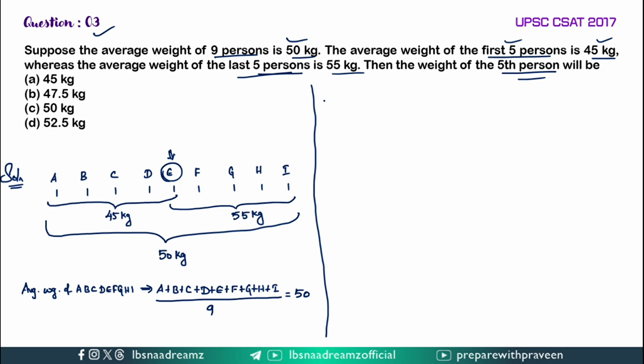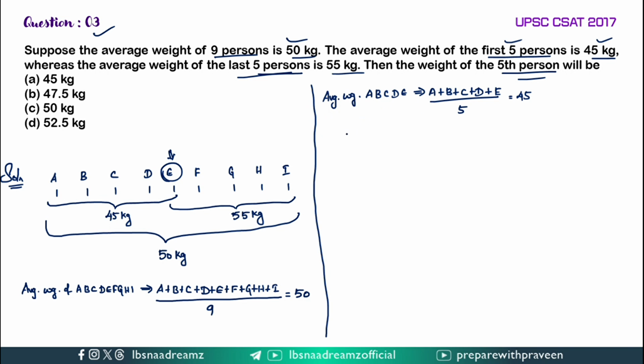The average weight of first 5 persons, A plus B plus C plus D plus E divided by 5 is equal to 45.